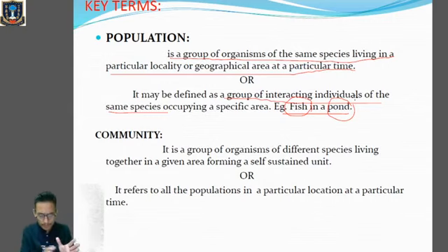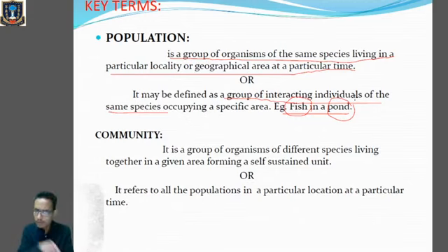When we talk about population, we can say that all the individuals of a given species in a particular area at a particular time form the population. But no two individuals are identical.